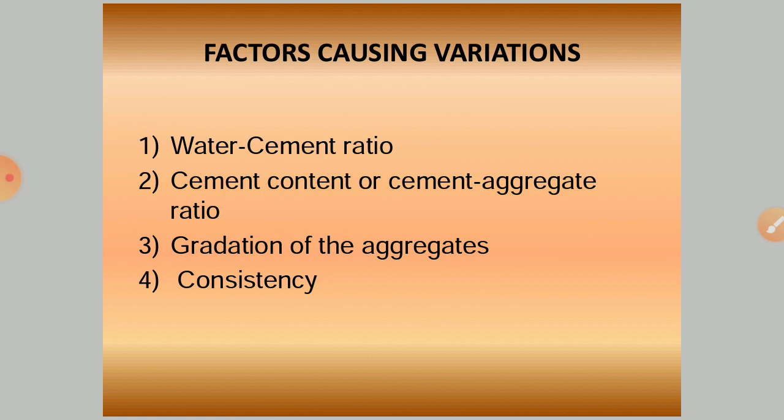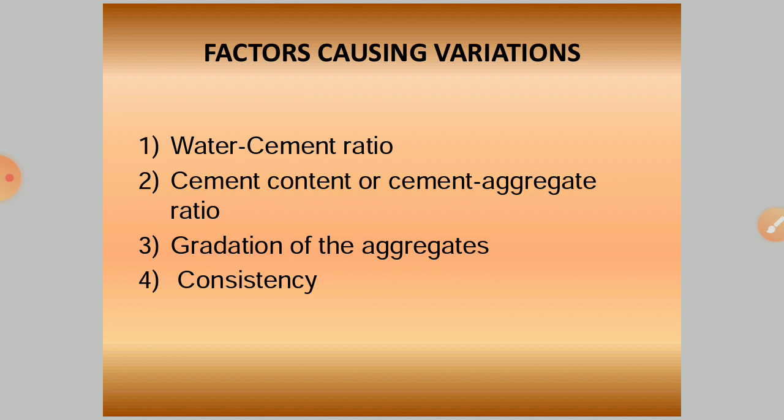Now see, the water cement ratio expresses the dilution of the paste. Cement content varies directly with the amount of paste. Then the gradation of aggregate is controlled by the practical requirements of placing.